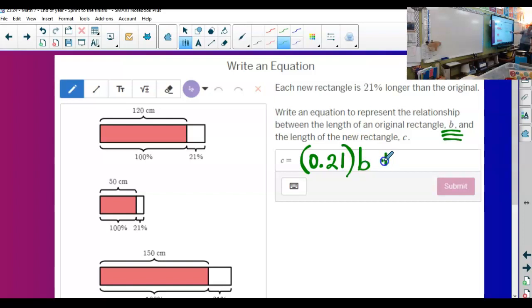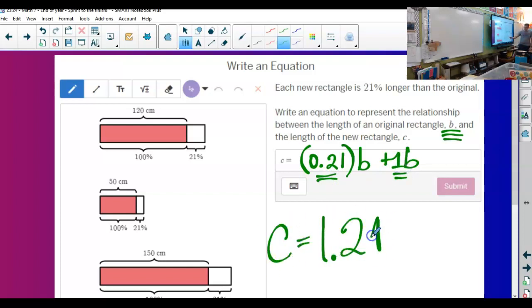But then we need to add that to the original B, because we did 21% of B plus the original. Or, what could I write? Yeah, because there's really a 1 here for 100%. So we could say C, the new length, is 121% of the B. So there are multiple things that will work on that one.